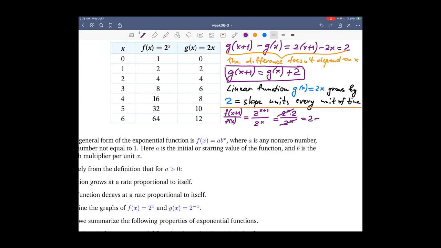From here, it follows immediately that f at x plus 1 equals 2 times f at x. So the value of f doubles every unit of time.